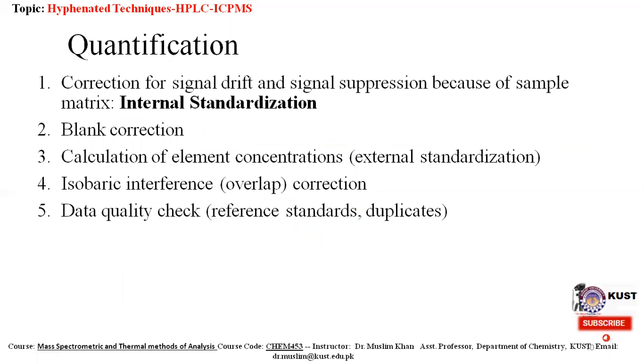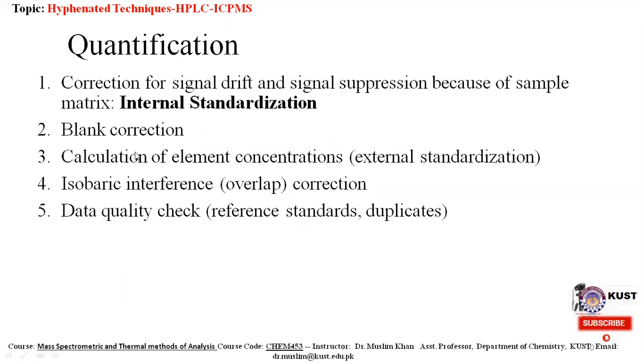So once you have measured the elemental composition of your sample, when you want to do the quantification, correction for signal drift is needed, and for signal suppression because of the sample matrix. For this we are using internal standardization. We will discuss what is internal standardization.